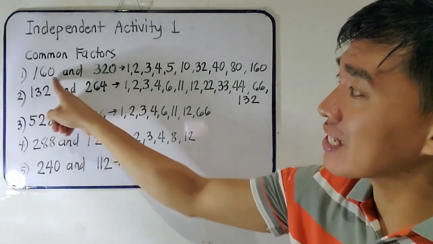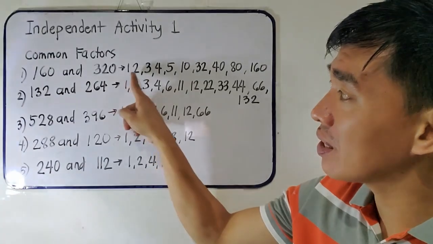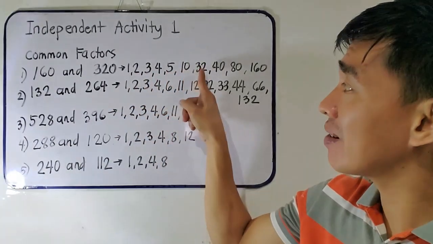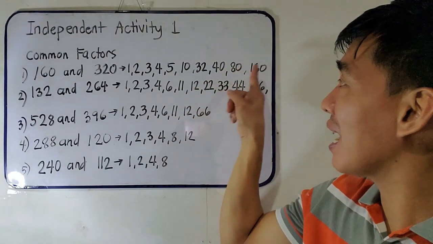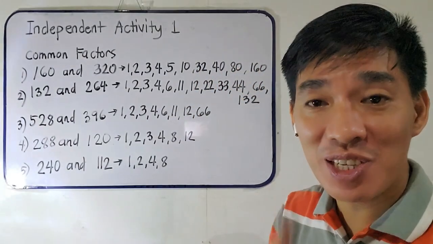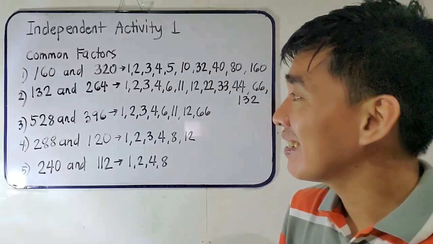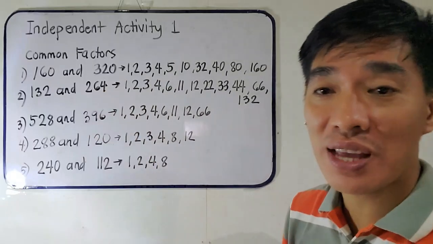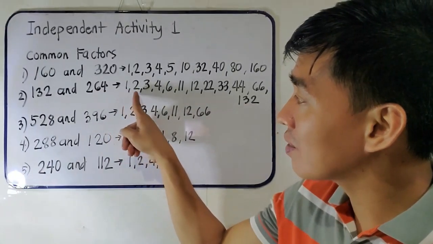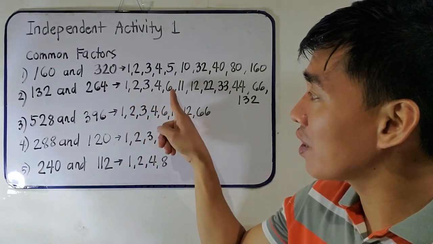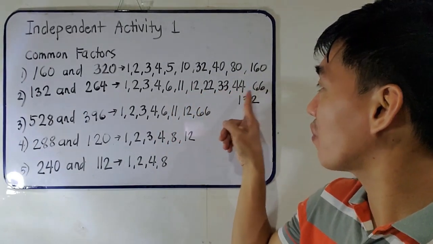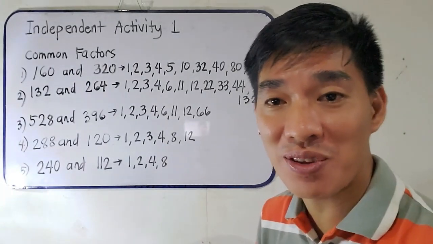So for 160 and 320, that's 1, 2, 3, 4, 5, 10, 32, 40, 80, and 160. Please check your work. And for number 2, that's for 132 and 264, the answers are 1, 2, 3, 4, 6, 11, 12, 22, 33, 44, 66, and 132.